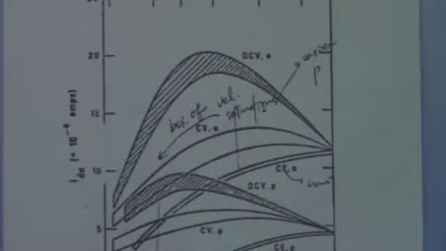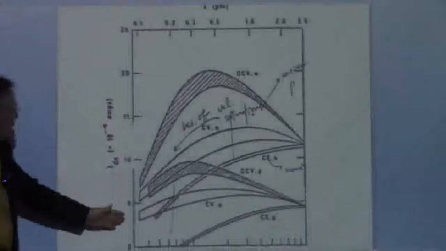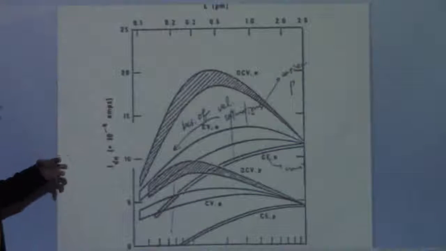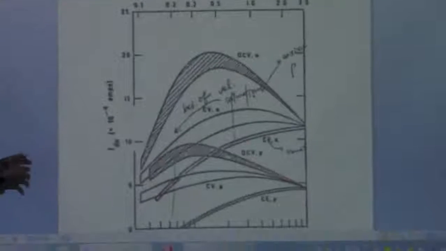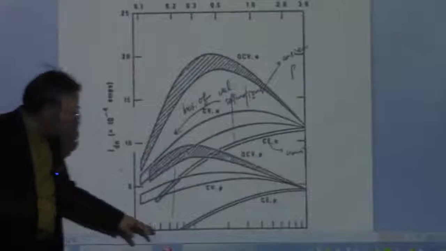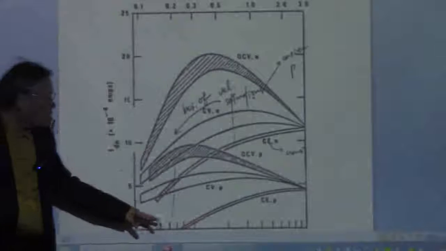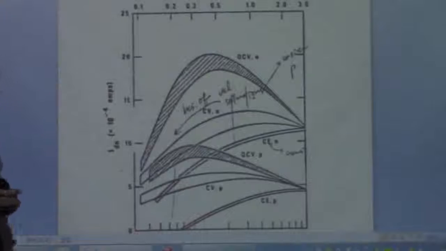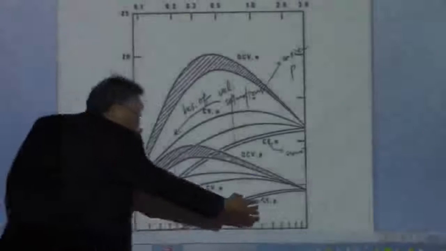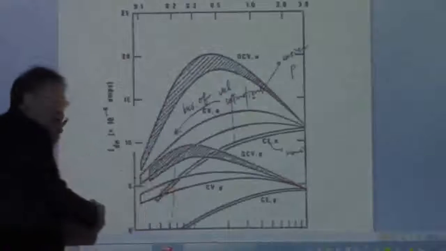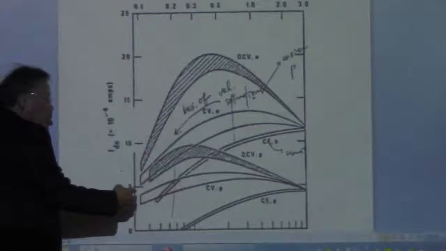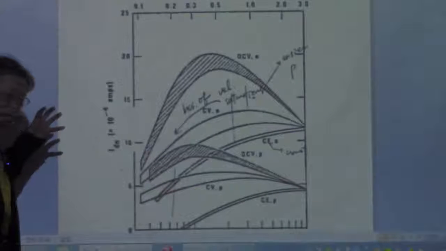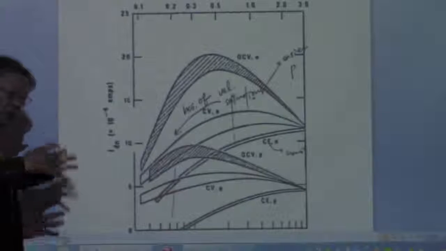The y-axis is the drain current between source and drain, and the x-axis is the scaling factor, which means if you move to the left, your device becomes smaller and smaller.